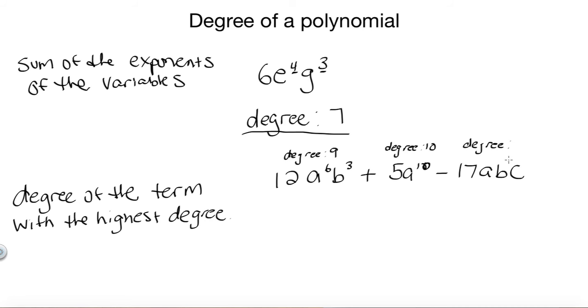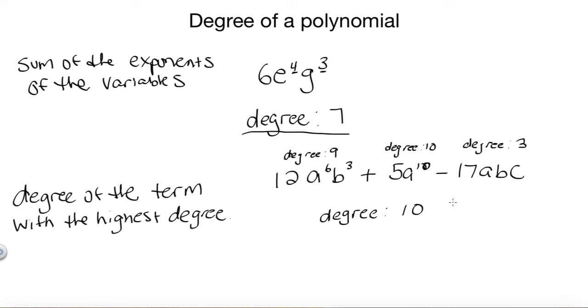Remembering, if you don't see any exponents on the variable, then there is a 1, which means the degree is 3. 1 plus 1 plus 1. So the degree for this entire polynomial is the degree of the highest term, which in this case is what? 10.